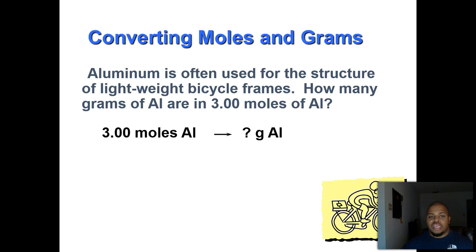Well, I need to go from 3 moles to grams. And as we said before, it has one of 2 ways that it can go. We can go 1 mole equals molar mass. So, how will we set up our conversion factor?